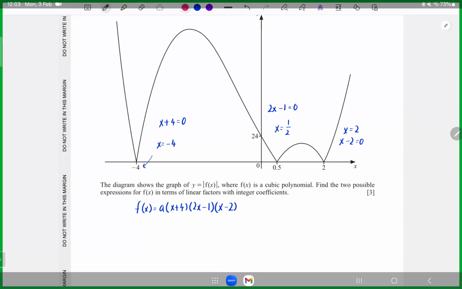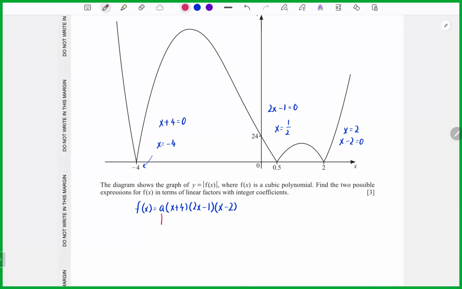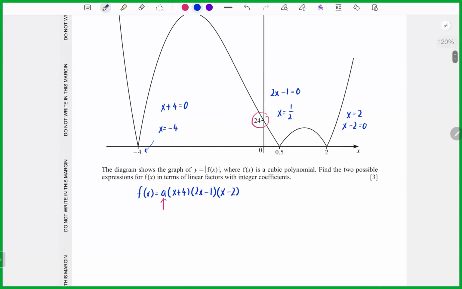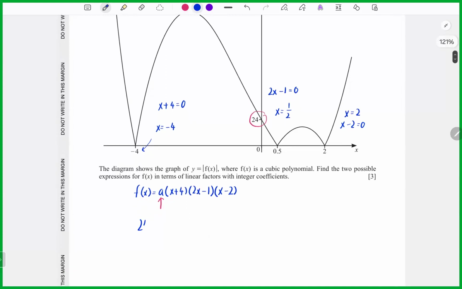Now we don't know this value a, so how to find it? You can use the y-intercept. Here you can put 24 equals a bracket 4, why 4? Because x is equal to 0, bracket negative 1, negative 2.